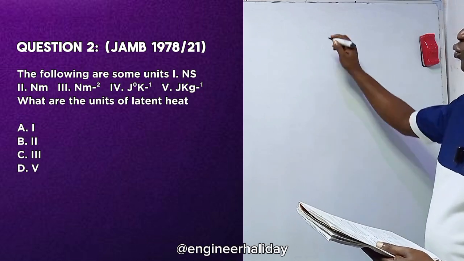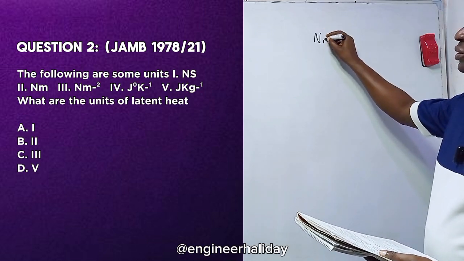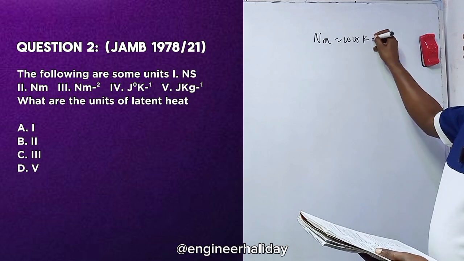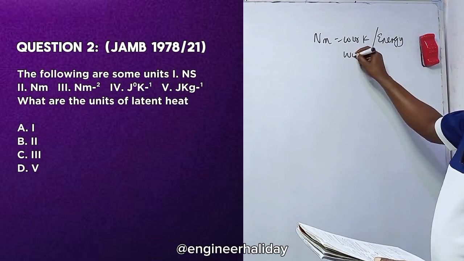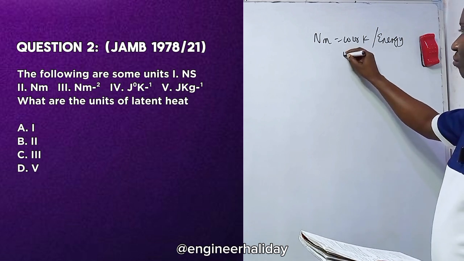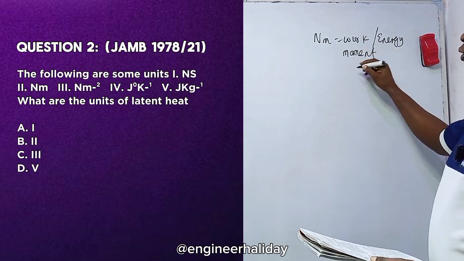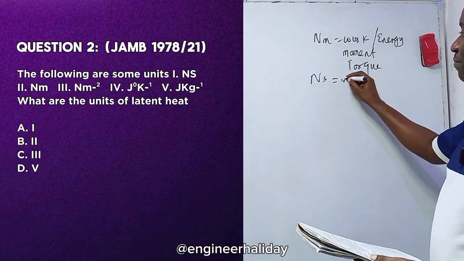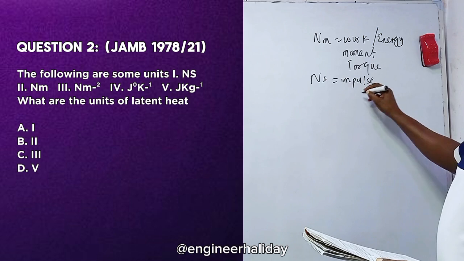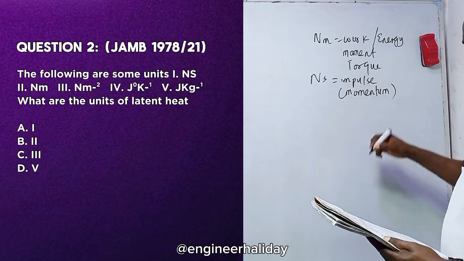So Roman figure 2 is Newton meter, which is for work, or energy, or moments, and it can also be used for torque. So Newton seconds is impulse or momentum, as I said before, which is the unit for momentum.